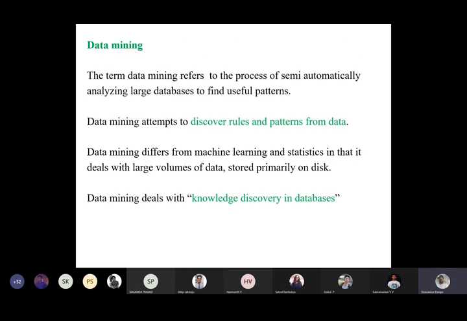And we had some introduction to data warehousing and data mining in today's class. Data warehouse is a subject oriented, integrated, time variant, non-volatile collection of data for decision making in an organization. Data mining refers to the process of knowledge discovery in databases. It is the process of semi-automatically analyzing large databases to find out useful patterns.